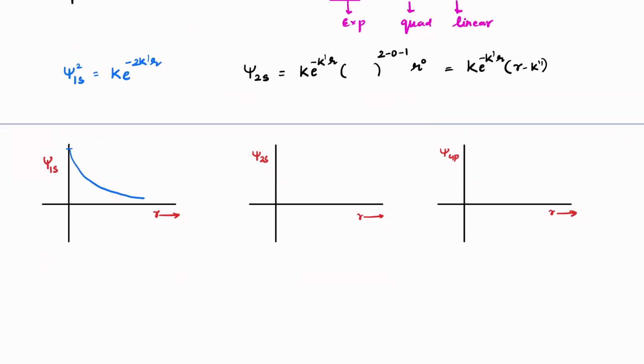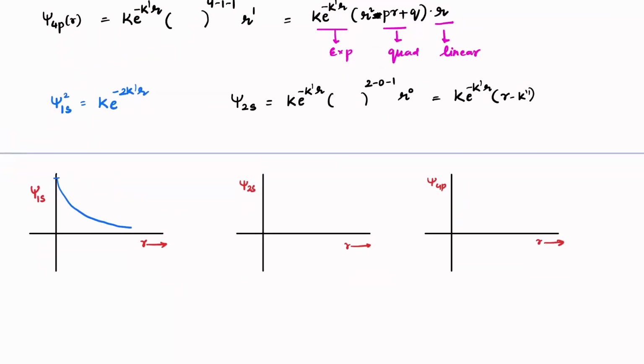Got it? But when it comes to 2s, right? In the case of 2s, you notice it is exponentially decreasing, but at one point it should become 0. That is when r becomes k double dash. When r is equal to k double dash, this entire function should become 0. That means it will also start like this, go somewhere down, touch the x-axis, and again turn around and go like this.